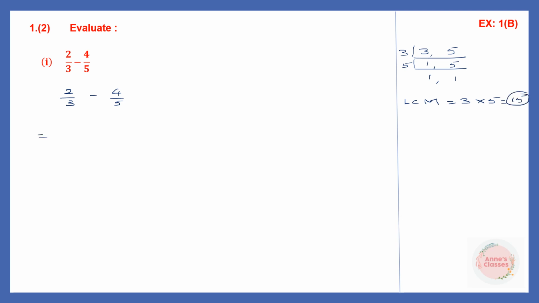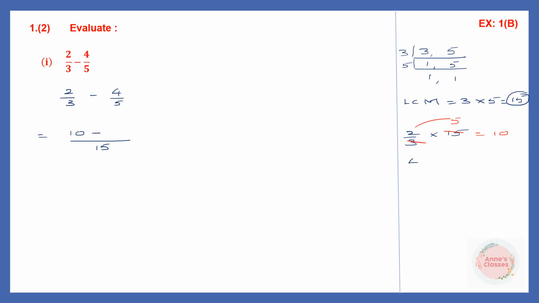We're going to use that as the common denominator here, 15. Now we can use any method to find the numerators. We can multiply with this and then multiply the same thing with the numerator, or we can take the first rational number 2 by 3, multiply it by the LCM, cancel, 3 fives are 15, then multiply the two numerators, 5 twos are 10. So that will be our first numerator here, 10 minus.